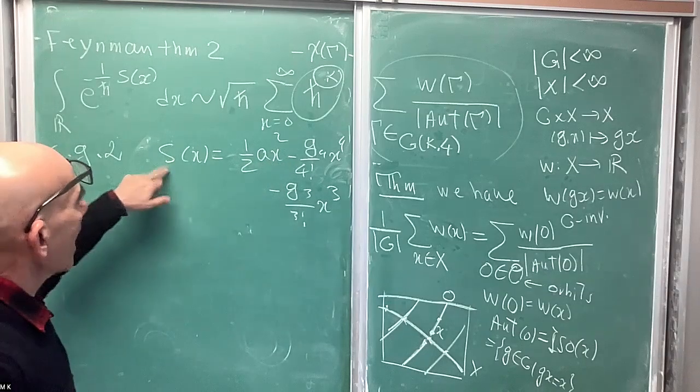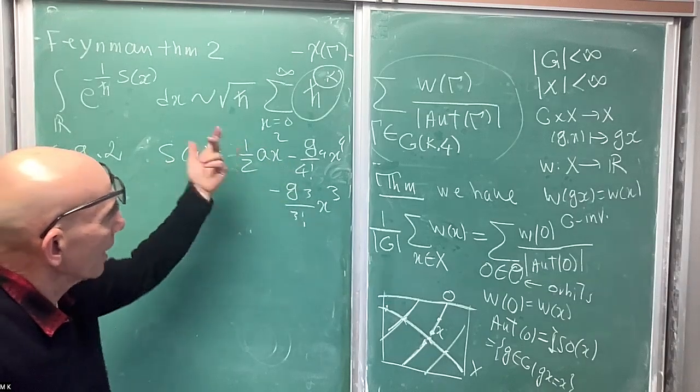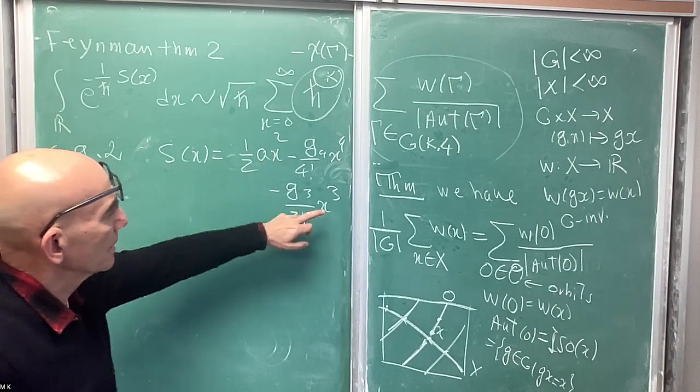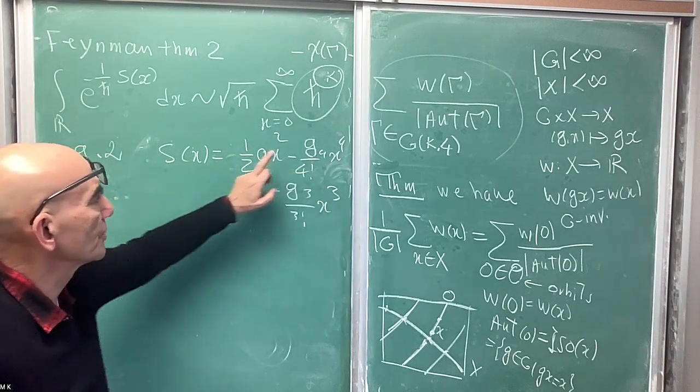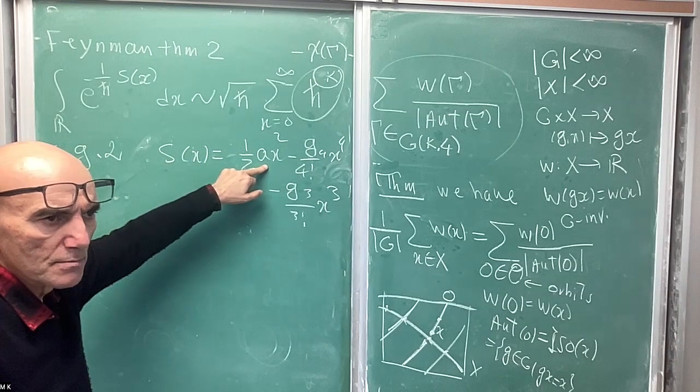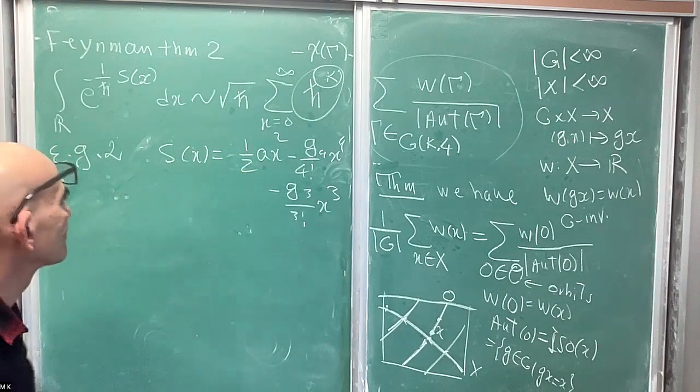So now the action is again a polynomial, but it has a degree 3 term and a degree 4 term, and this is the kinetic energy term.